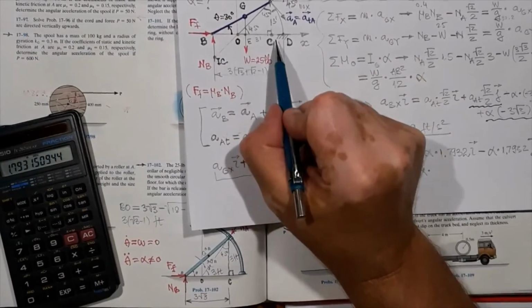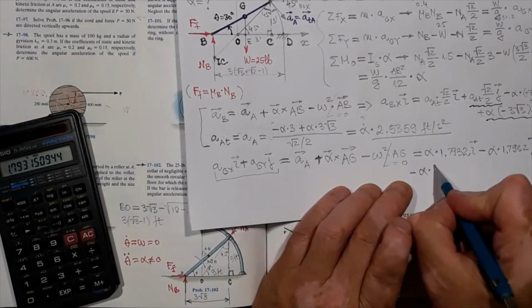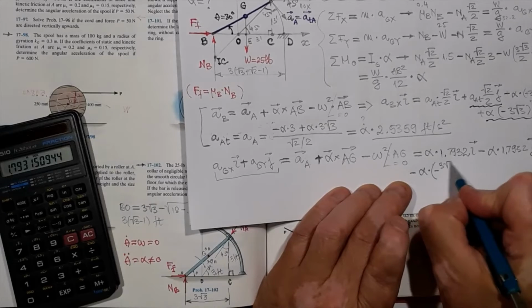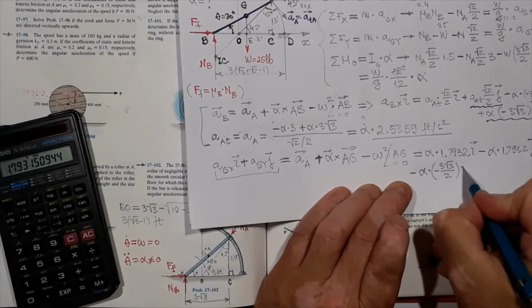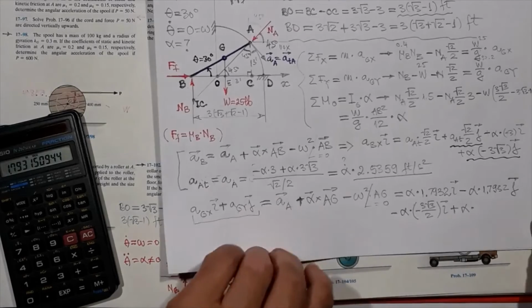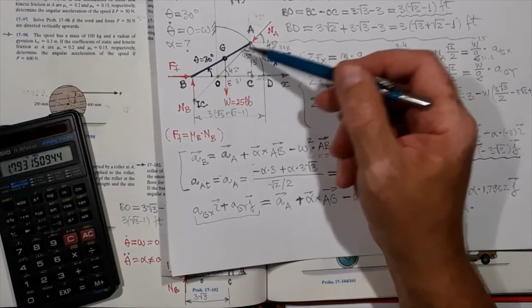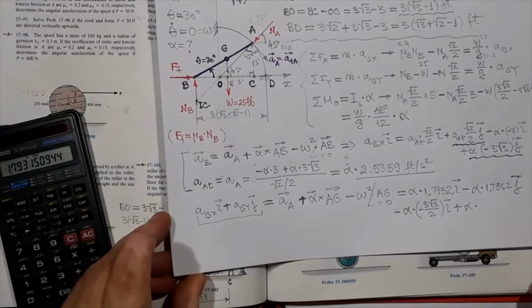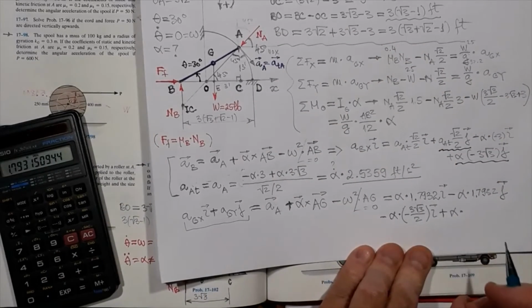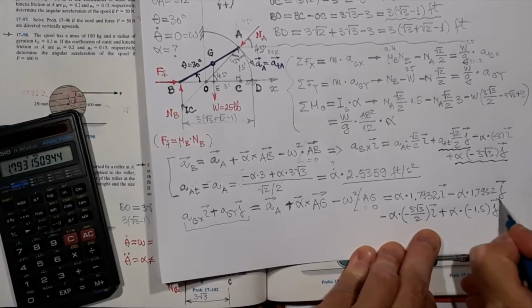That's a negative value, and it's half of BC, so negative 3 square root of 3 over 2. And this is the i. And I have plus alpha times the y projection of AG. The y projection of AG is half of the y projection of AB, so it'll be 1.5, but it is negative, negative 1.5. And this is j.